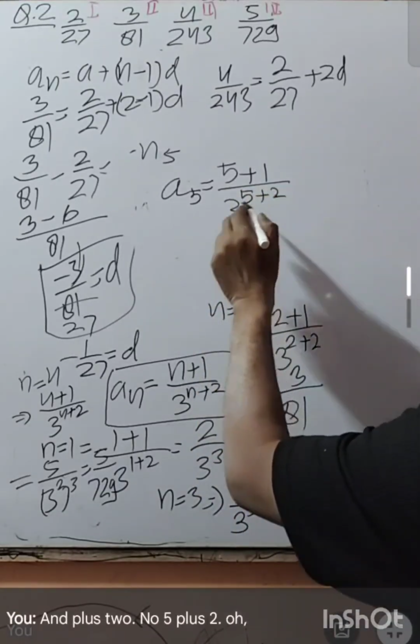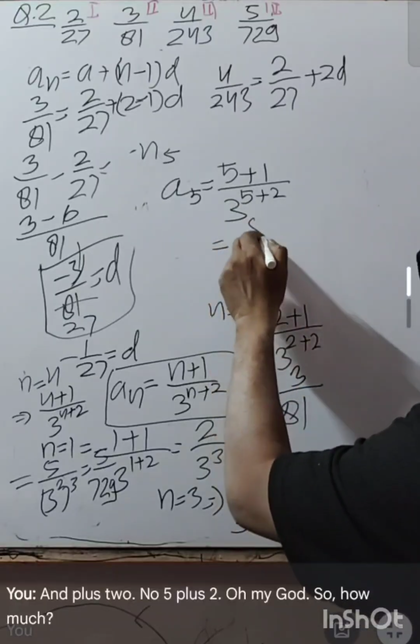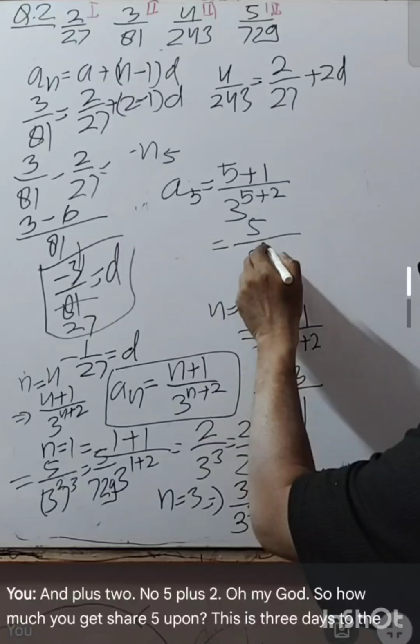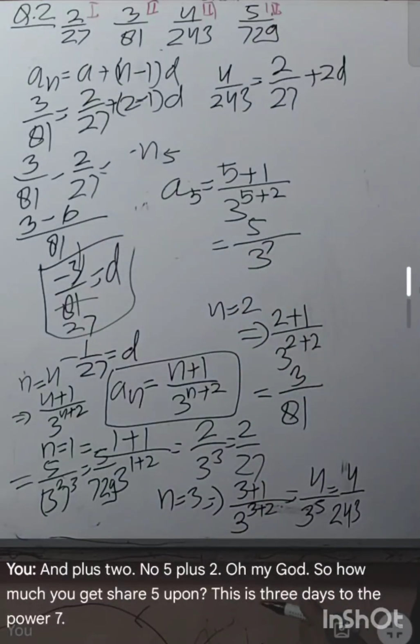So how much do you get, Shreya? 5 plus 1, 6 upon 3 raised to the power 7. Right?